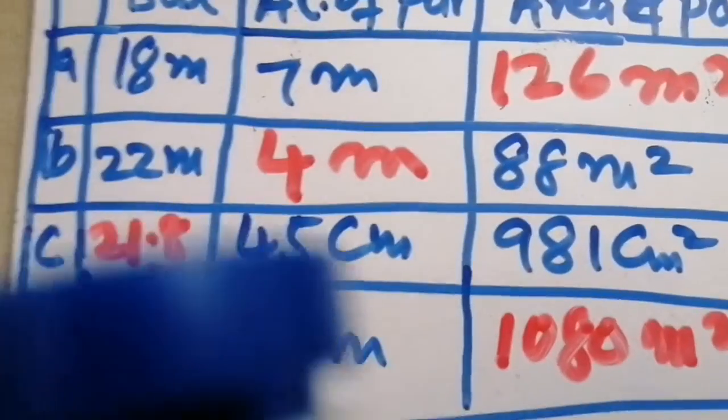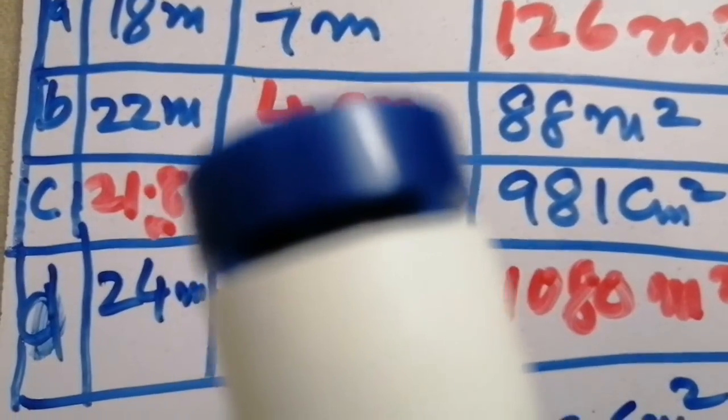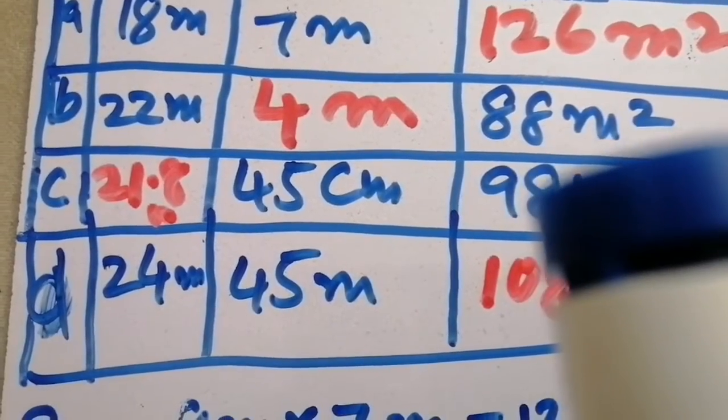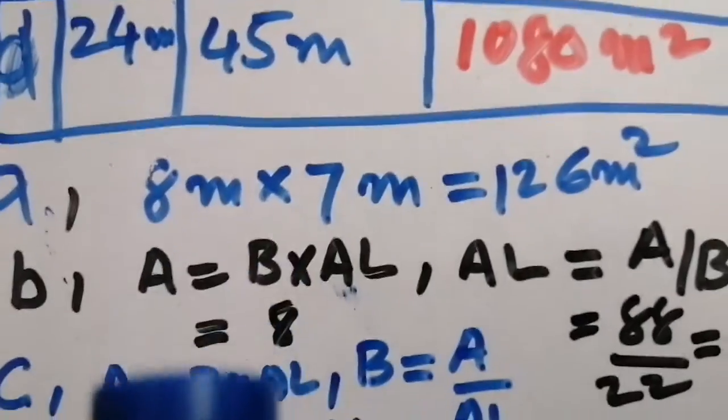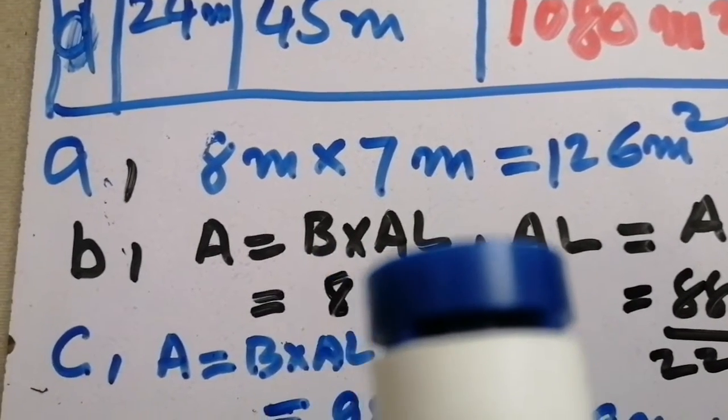In part B, the base is 22 meters, and we have to find the altitude, whereas the area is given as 88 meter square. The formula is A is equal to base into altitude.